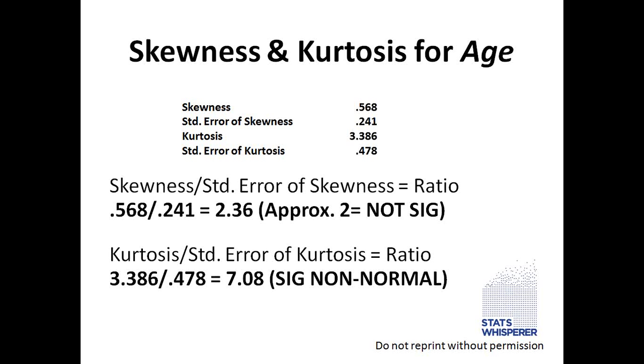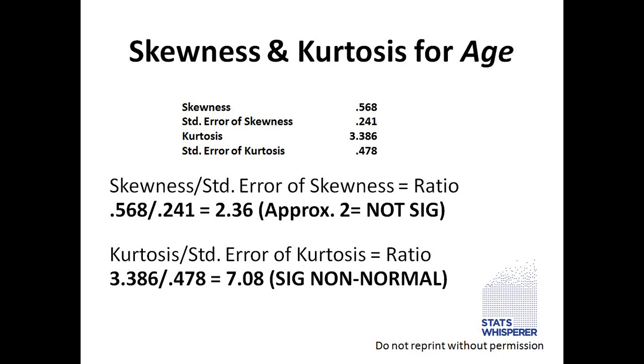So then the next one, the kurtosis, right? 3.386 is the value of kurtosis, and the standard error is 0.478. Now when you divide that, it's 7.08, which is much higher than 2, much higher than 3, right? So it's significantly non-normal, the distribution in terms of the kurtosis.